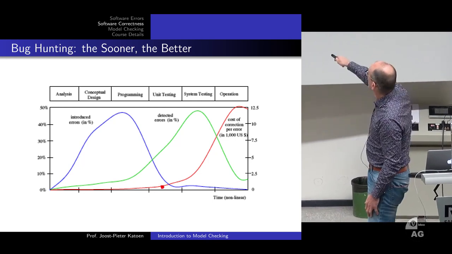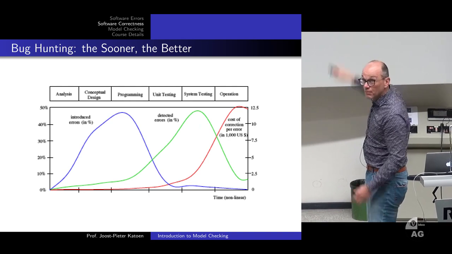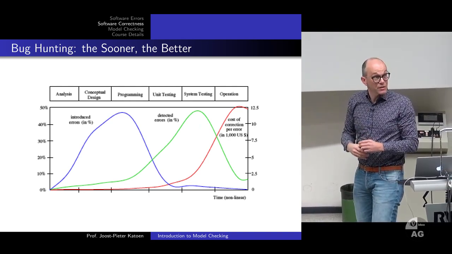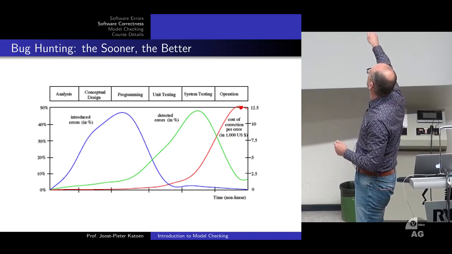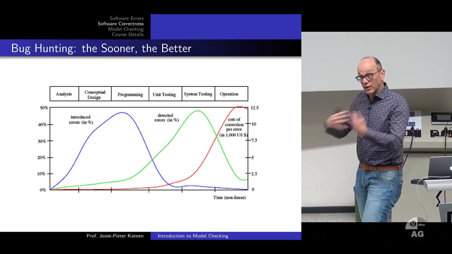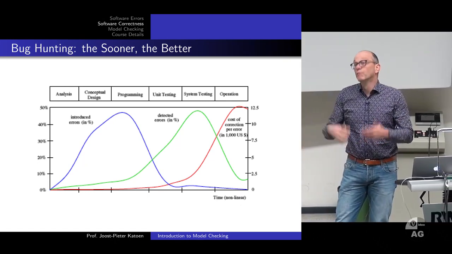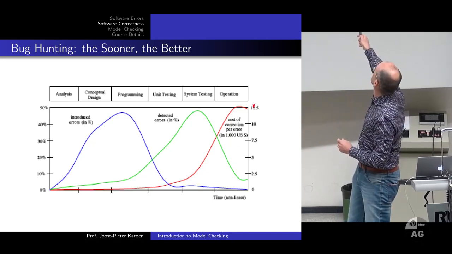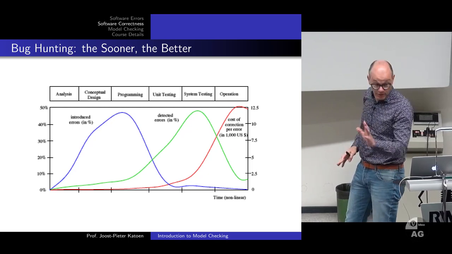If, however, the error occurs here, then you're already in the phase of system testing, then it is more involved to basically fix the error, and therefore it's more costly. And of course, if the system is already in operation, so you have launched the product on the market, then it's even more costly, as you can imagine. And then the estimates here were about $12,500 US, which to my opinion is still a kind of underestimation.